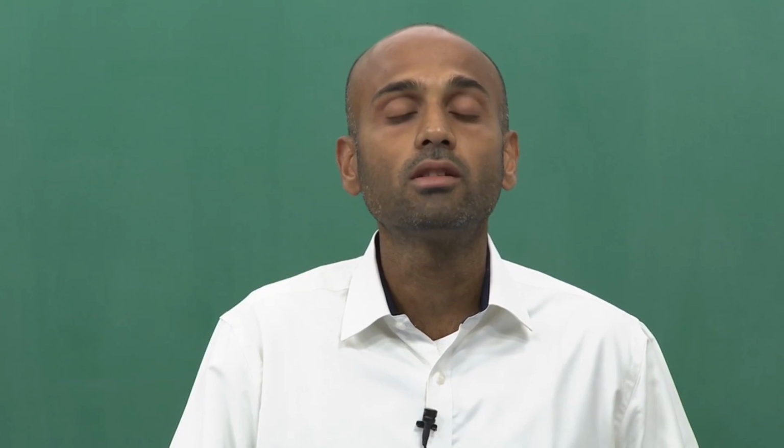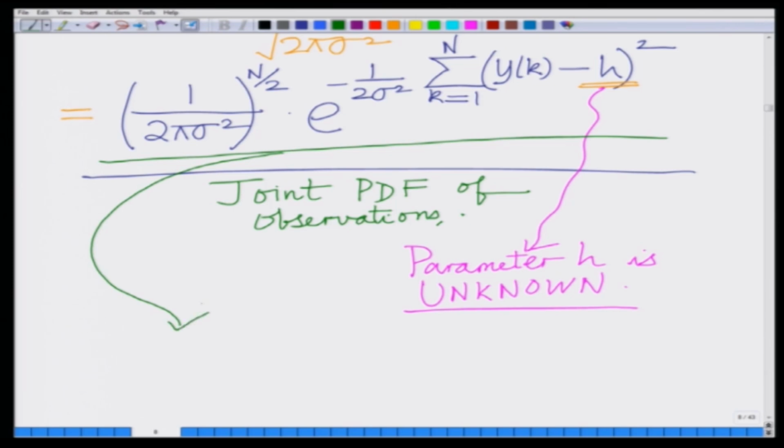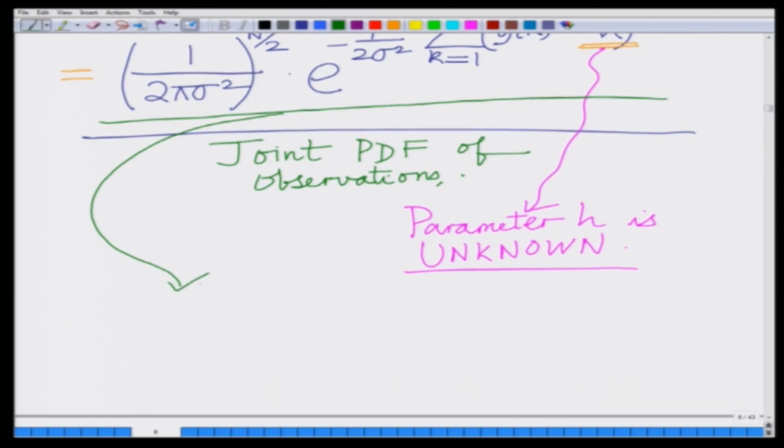And this joint probability density function, as a function of the unknown parameter h, is known as a likelihood function. This is one of the central points in the entire framework of estimation theory, that is this probability density function viewed as a function of the unknown parameter h is termed the likelihood function.